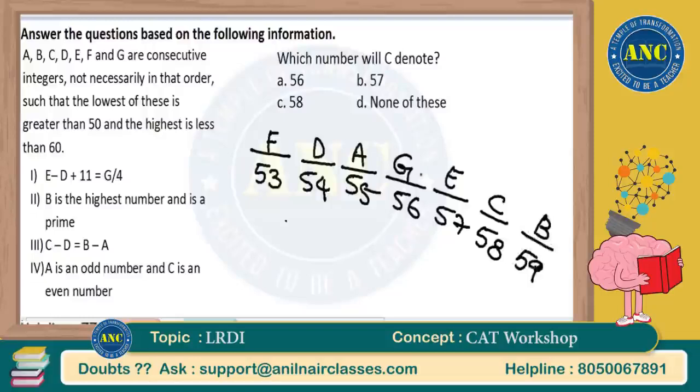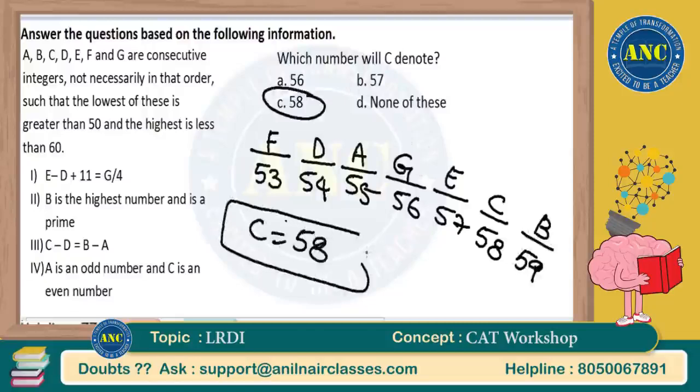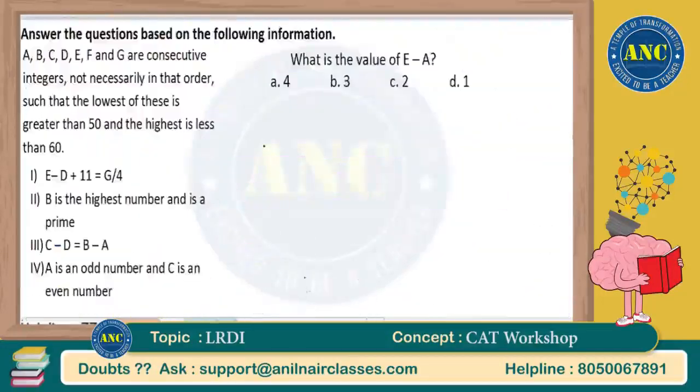What does the number C denote? C will denote 58. Answer for this question is 58. I hope the logic is clear. Directly you can solve it. Answer is 58.